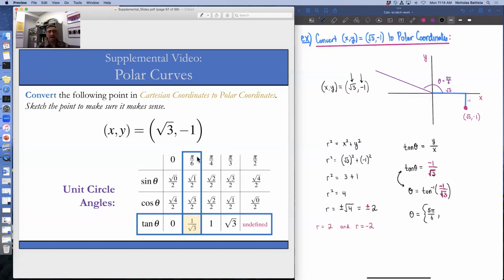Now the other angle we have, we can think about it either two ways. We can either add pi basically to 5 pi over 6, or we could just start off with the positive x-axis and subtract the angle of pi over 6.